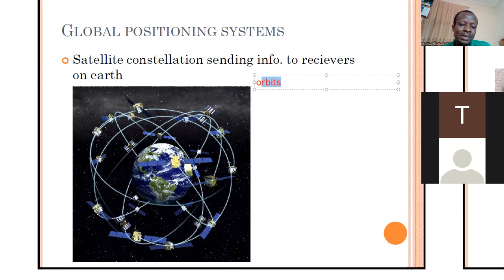So we on the ground now receive a signal from these satellites, and then a calculation is done. A message is sent to your phone from about 2 or 3 satellites that allow your phone to compute your position. That is how global positioning systems work. Simple as that.